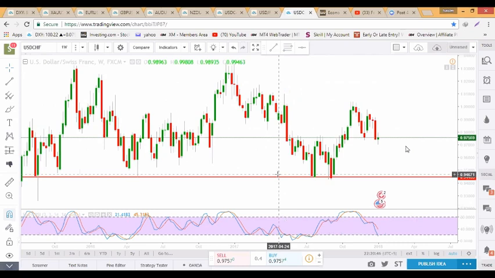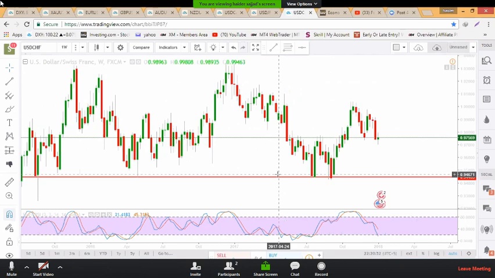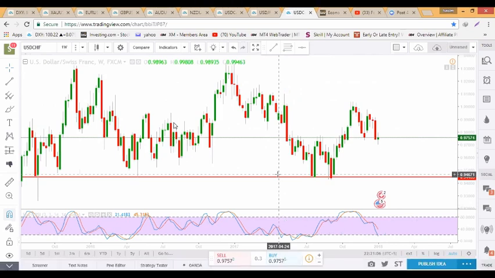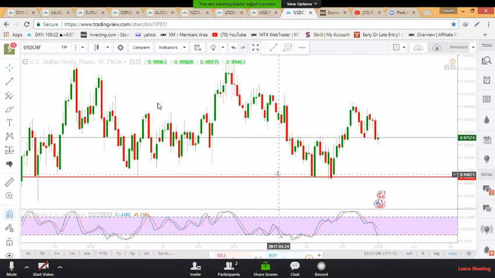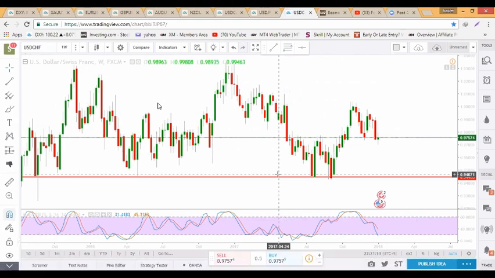You can even tell us it's not the right entry, so we can also learn from you, or we can modify our entry points or the TP or the SL. So please, you can take anybody's signal, but never trade blindly. Do your own diligence, please, and always trade with the smallest lot you can afford.